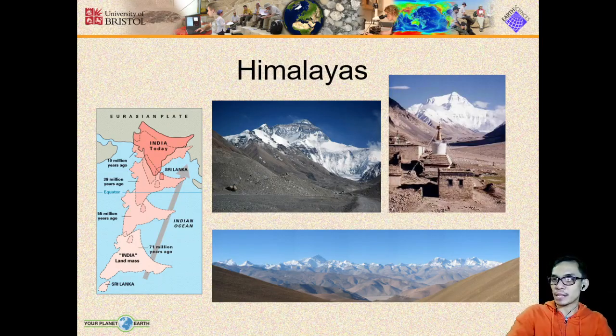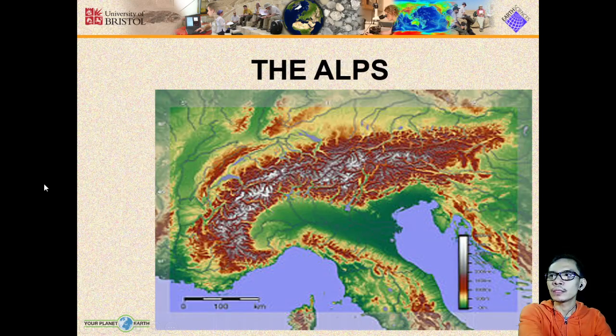So let's go back to our slide. That is the Himalayan mountain range. The Alpine mountain range is also a product of continent-to-continent collision. When the Eurasian plate collides with the African plate, the one at the bottom of this picture, as we speak now, it continues to collide with the Eurasian plate over here, forming this Alpine mountain range.